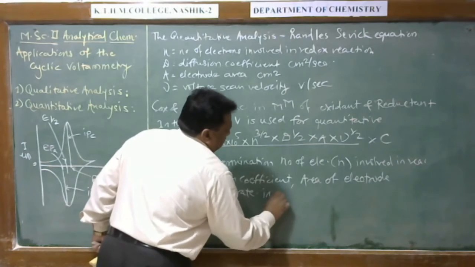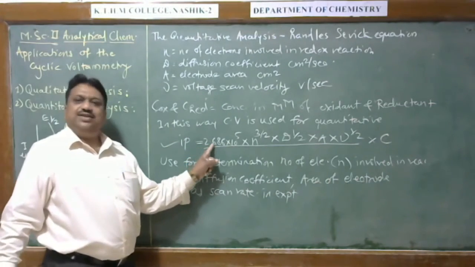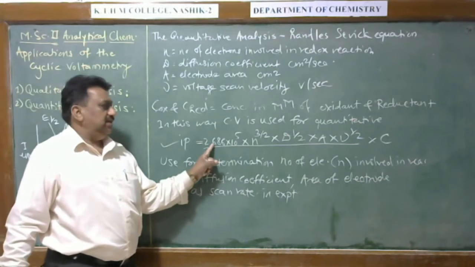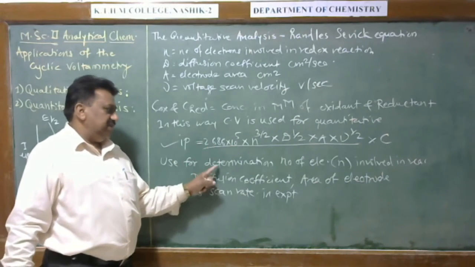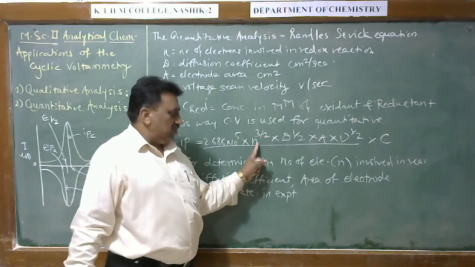Therefore, along with the concentration of oxidant and reductant, the Randles-Sevcik equation is also utilized for determination of the number of electrons involved in the redox reaction.